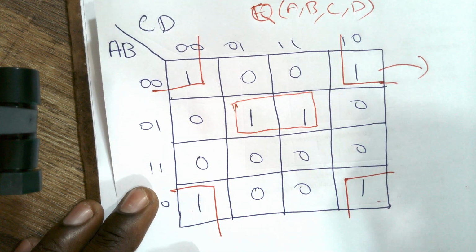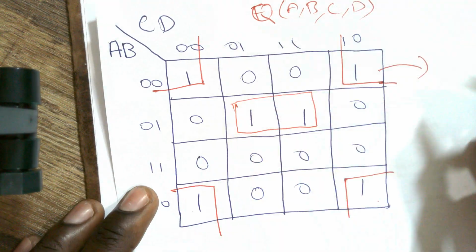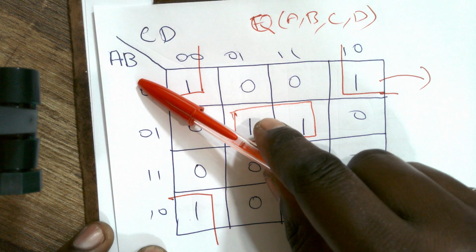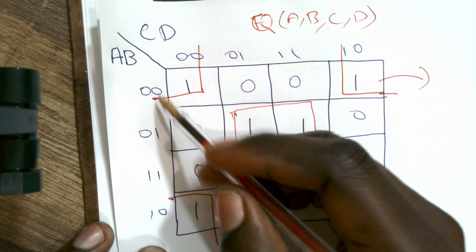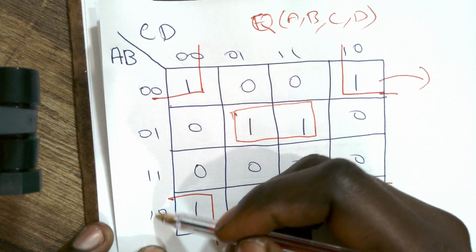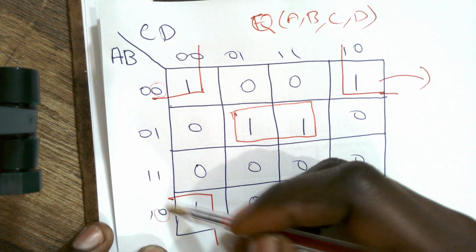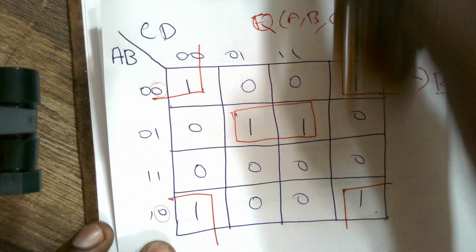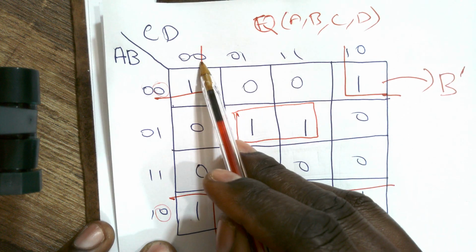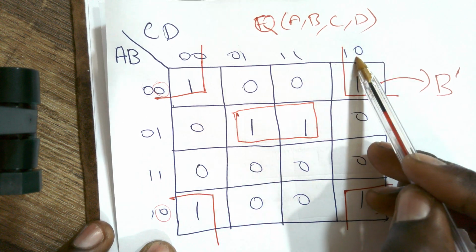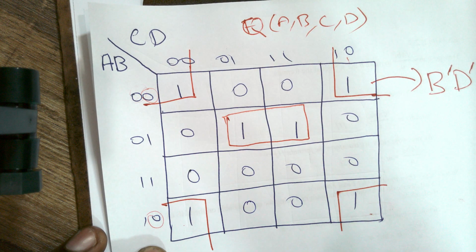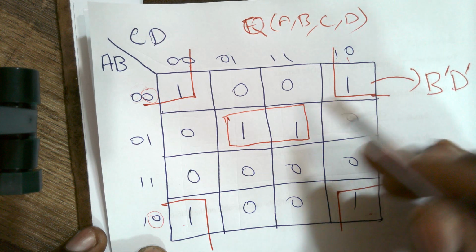Let's find the sum of product expression. First find the expressions for each. So the 4 ones in that circle, let's look at it horizontally. What is common to all 4 of those ones? What is common is nothing to do with A, nothing to do with A equals 0 or A equals 1, but everything to do with B equals 0. So the first part of our expression is B prime. Let's look downwards. Same thing. D prime is what's common to all the ones. So B prime, D prime is the expression for that square.